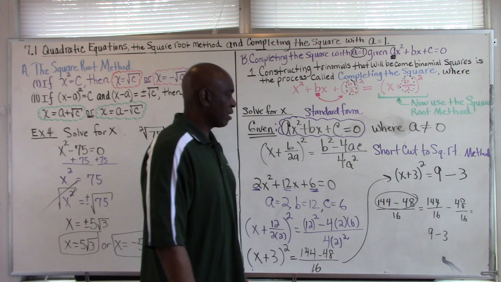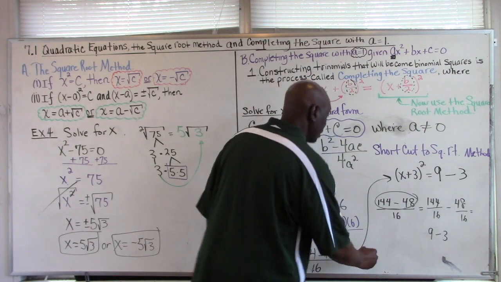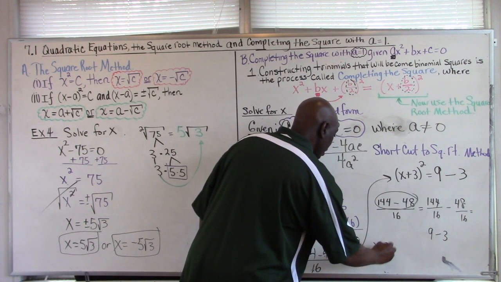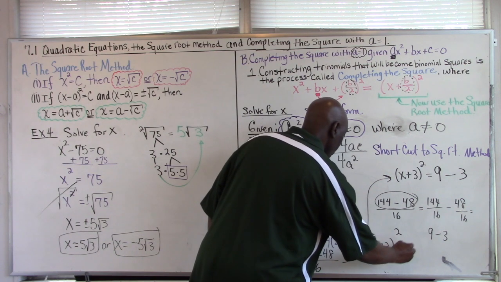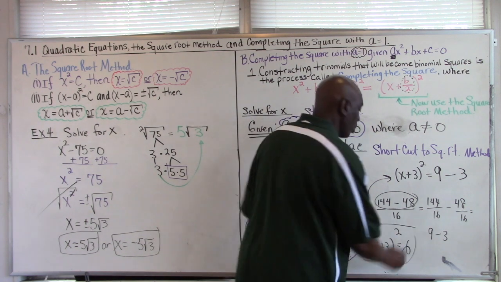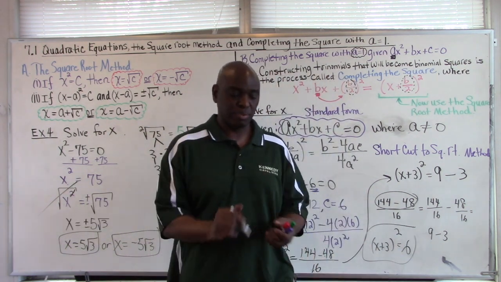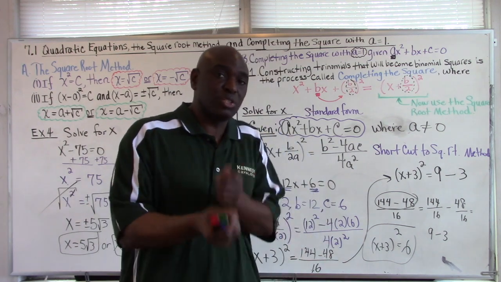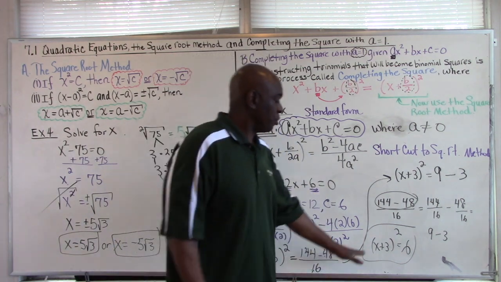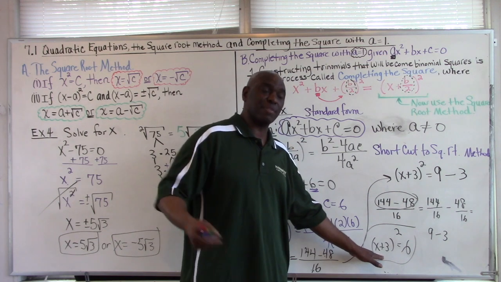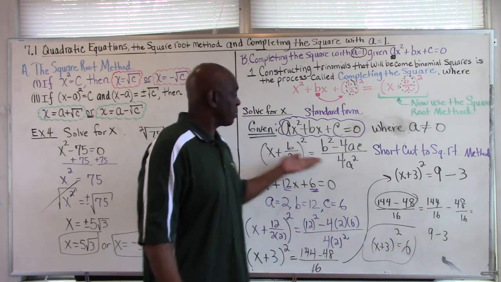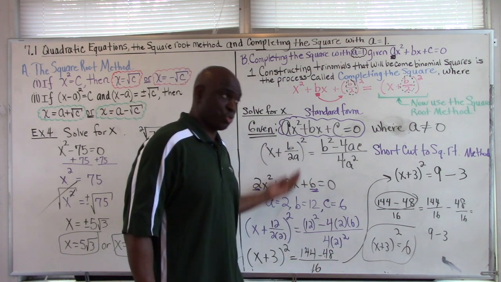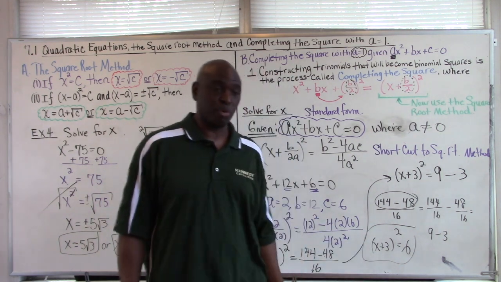Doesn't matter. And there you go. So we're going to get x plus 3, quantity squared, equals 6. And that's where we were a while ago when we did that example. So you can use the complete the square method and get to this point in the problem where you have to use the square root method, or you can use this algorithm here and go straight to here and then pick up the square root method there.